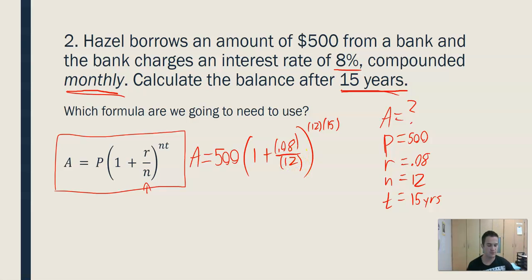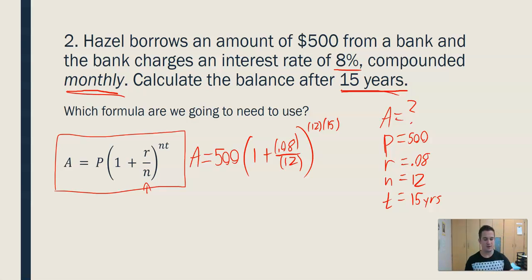I'm going to go ahead and do 500 parentheses 1 plus parentheses 0.08 close parentheses divided by parentheses 12 close parentheses to the power of 12 times 15. So in case you want to see what my calculator looks like, 500 times 1 plus 0.08 divided by 12, all in parentheses, to the power of 12 times 15.